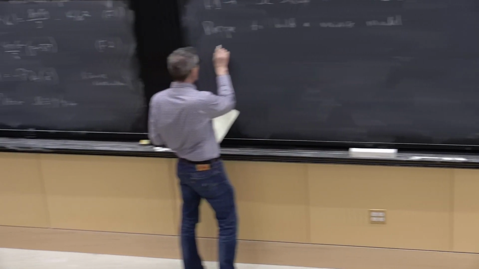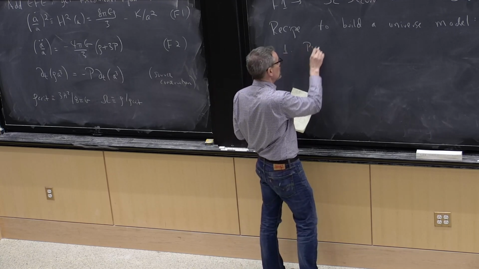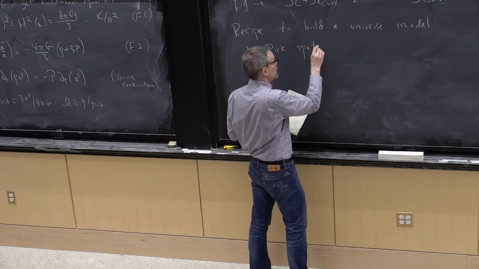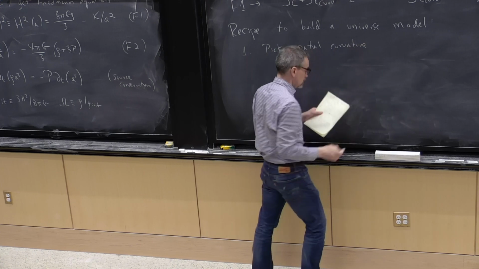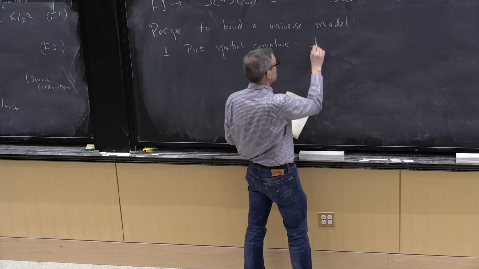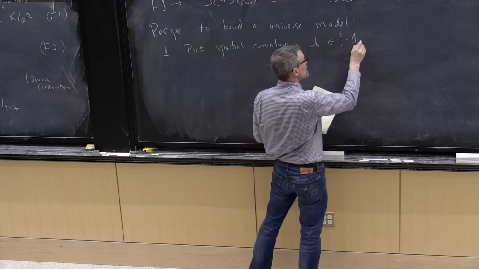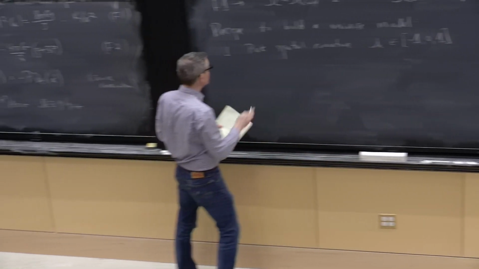So first thing you do is pick your spatial curvature. So pick the parameter k to be -1, 0, or 1.